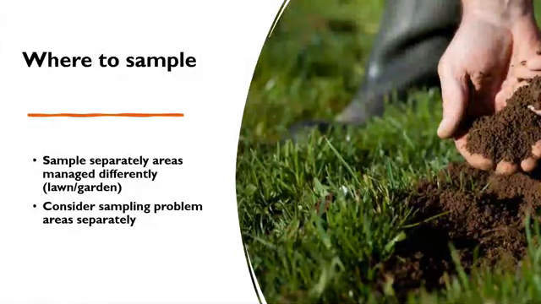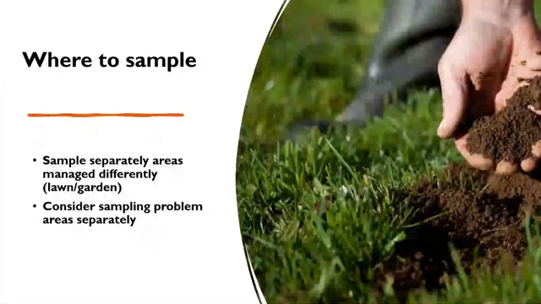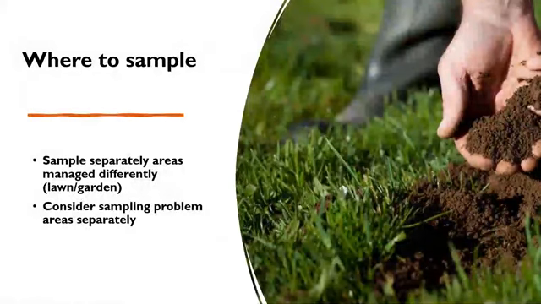So where are you going to sample? You want to sample separately areas that are managed differently. So if you have a vegetable garden in one area of your yard, you're growing turf in another area, and you have flowers and ornamentals in a different area, you might decide to do 3 separate soil tests.